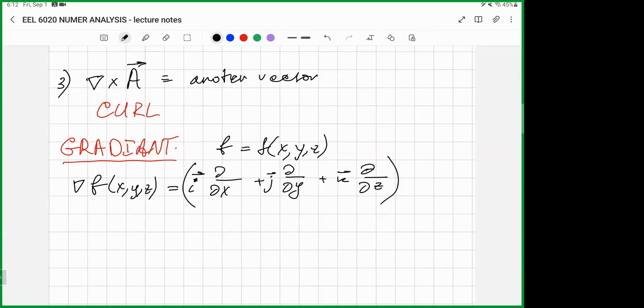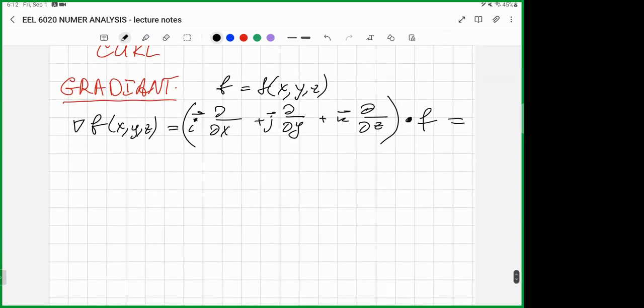This is the nabla operator, and it acts on the function f. So I basically multiply this f by each term in this nabla operator.